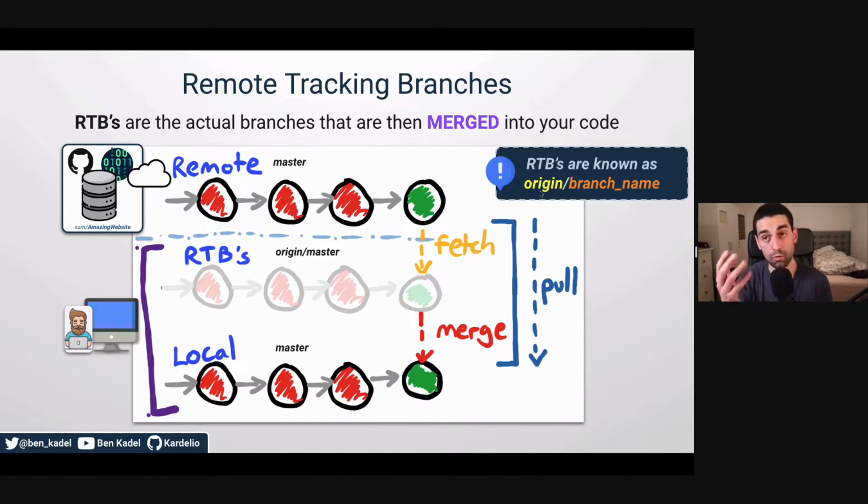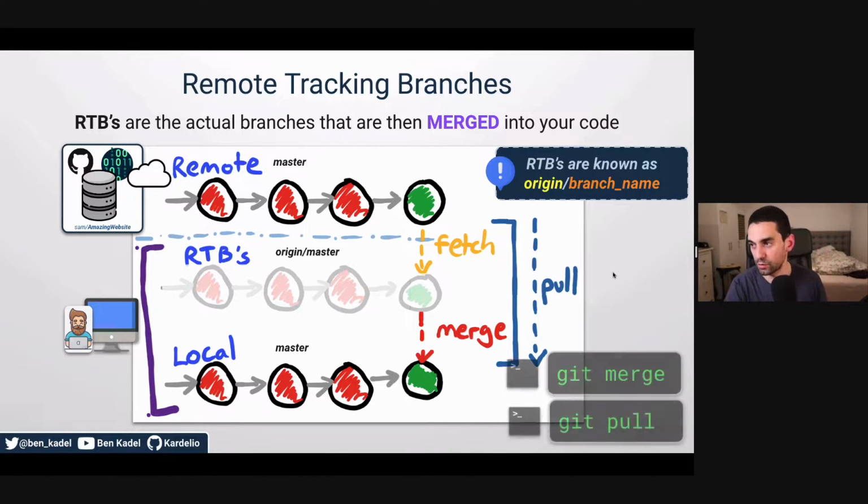So a correct remote tracking branch name might be origin/master, origin/feature, origin/Kerry's best joke, right? If you had extra servers that you were pointing to, this is getting really complex now, it would be the name of that server, upstream/master, right? That's how you know you're looking at a remote tracking branch. So remember that, that's really useful.